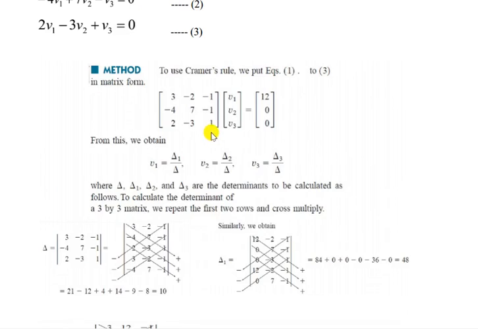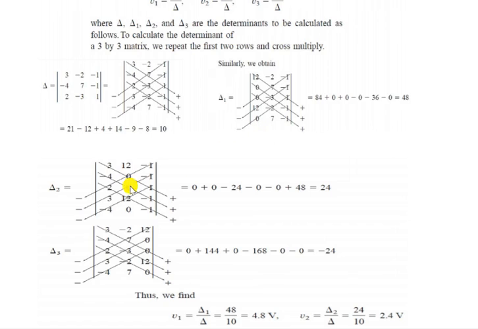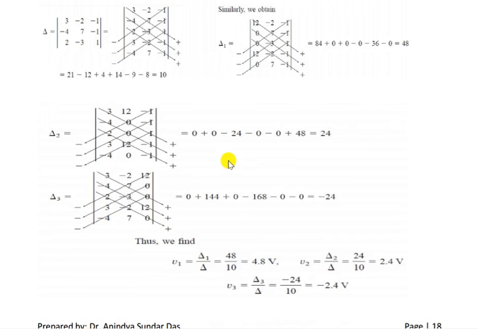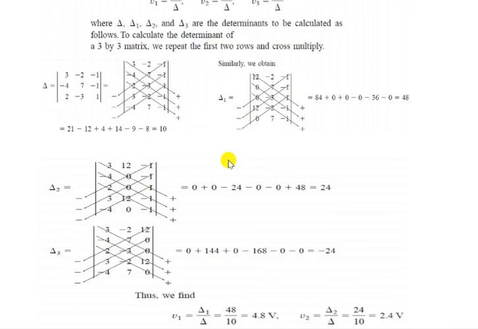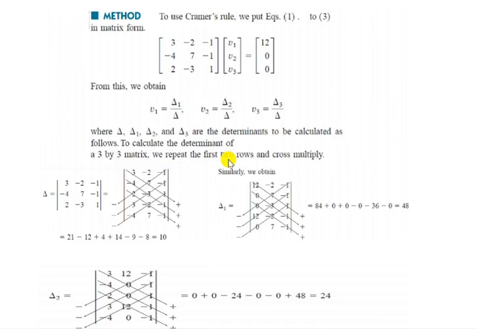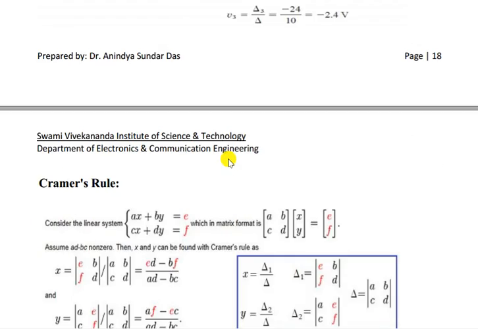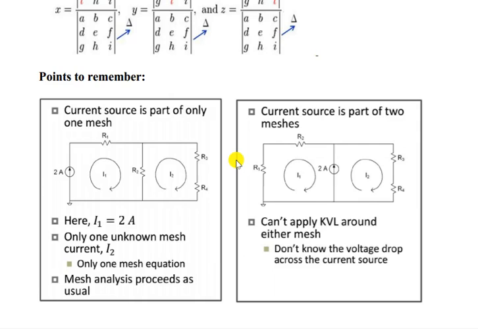Similarly, you can replace the second column by 1200 here, repeat the first two rows, and do cross multiplication. Here it is with plus, and here it will be multiplication diagonally with negative. Multiply again by negative. So this is how you can solve it easily. Okay, you can follow this method also to solve Cramer's rule.